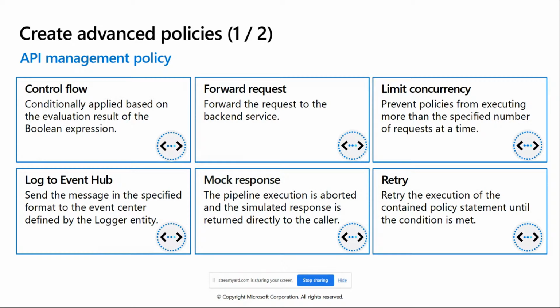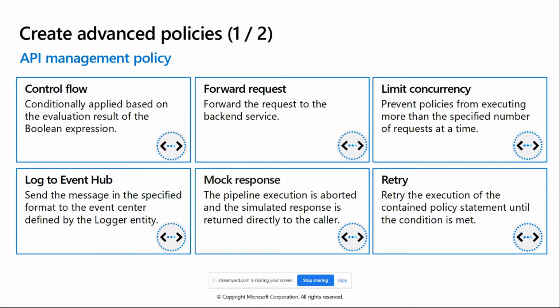And log to event hub is the one which would be making the logs. Whether it's true or false, it would make a log and store it.